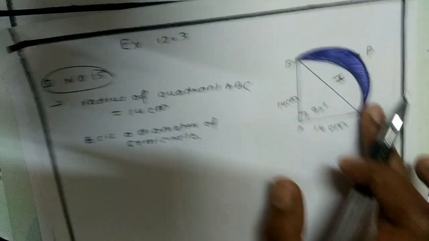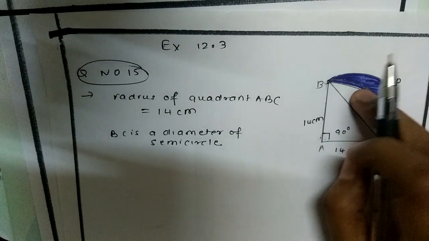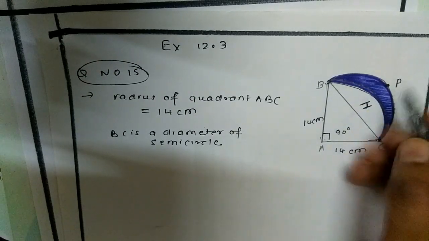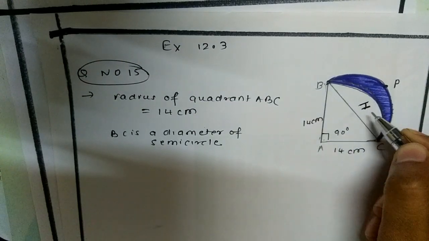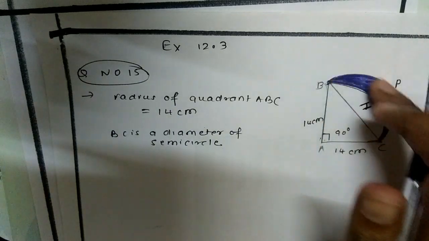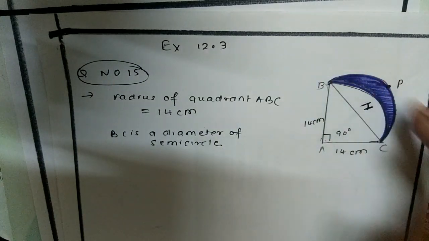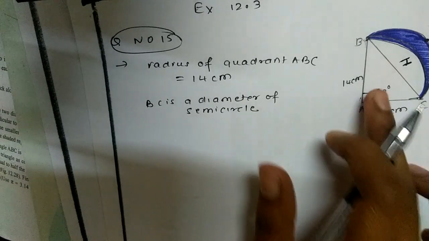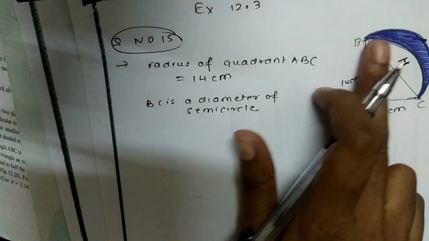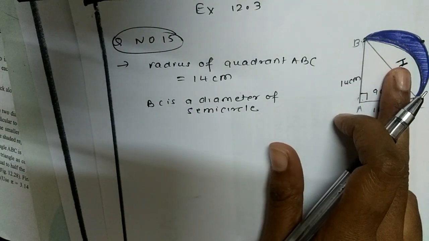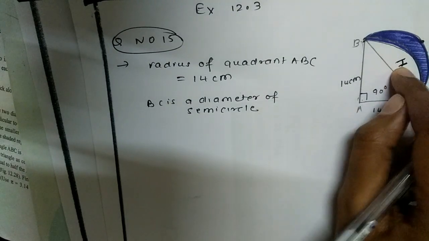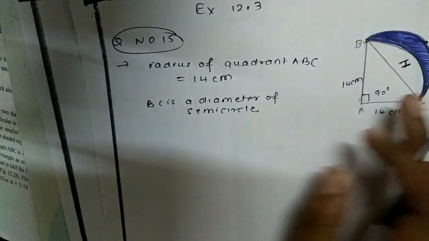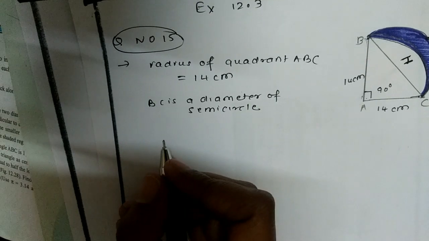So find the BPC area, and from it subtract this segment area first, so that you will get the required blue colored portion area. So first find the area of the triangle, then the area of the sector, then the area of this first part, then we will find the required area.